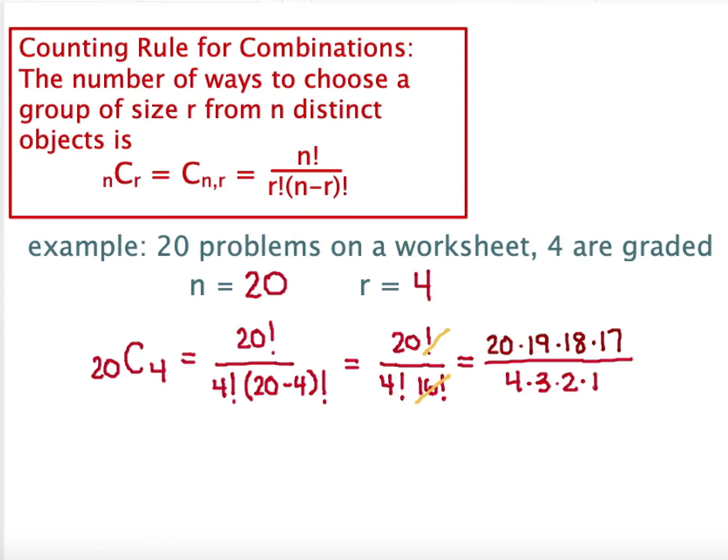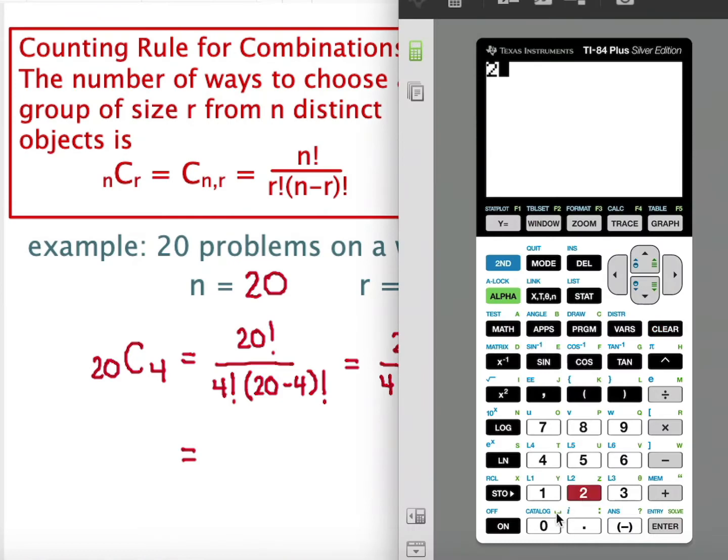If you were calculating this by hand, that would probably make this a whole lot easier. 20 divided by 4 would be 5. Here we've got 6, and 18 divided by 6 would be 3. So then you could just do 5 times 19 times 3 times 17, which would be slightly less work. I think most of us are probably just going to type in 20C4 on our calculator.